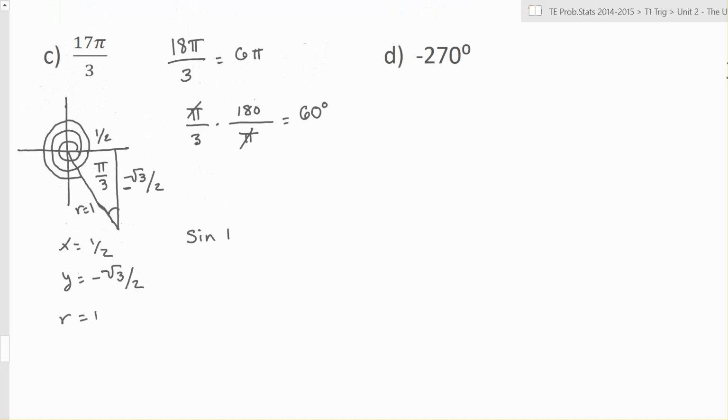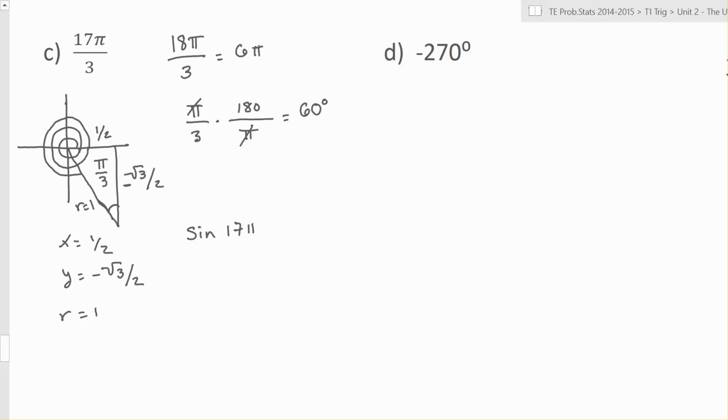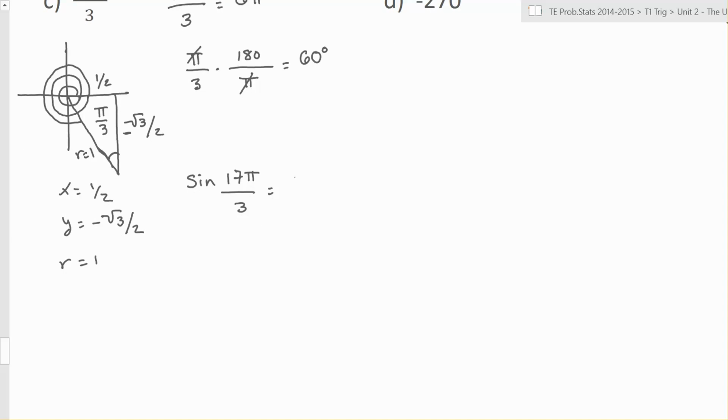Sine of 17 pi over 3 is equal to our y-coordinate, negative root 3 over 2. Cosine of 17 pi over 3 is our x-coordinate. It's a funny looking angle. Here we go. Cosine of 17 pi over 3 is 1/2.